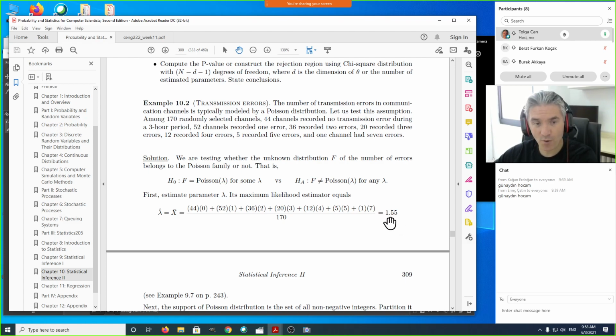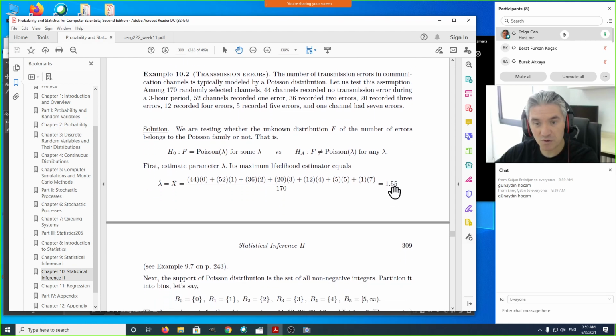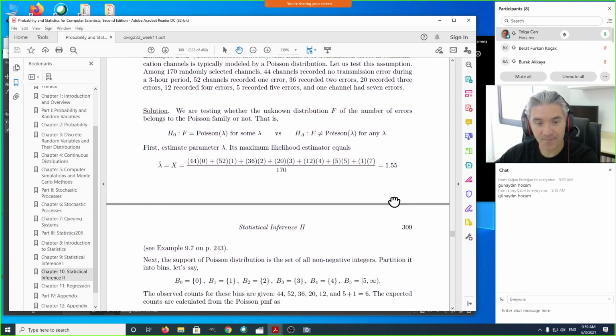So after you find your lambda with maximum likelihood, the only difference from the test that we performed in the previous subsection is that the degrees of freedom is decreased by the number of parameters, which is 1 here, and we use this as our lambda.